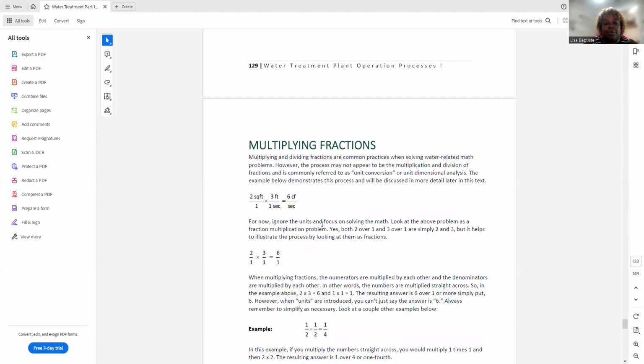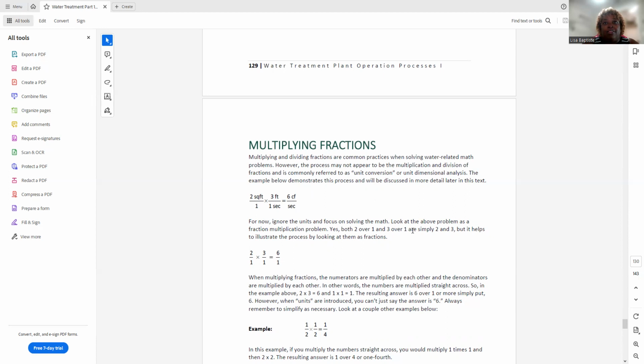Multiplying fractions is something we do a lot, because when I showed you Table 1 with the different equalities, you want to go from one particular equality to another unit. We call these units the words that come after each of the numbers, such as 2 square feet, 3 feet, 1 second.